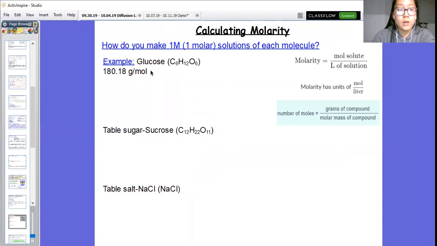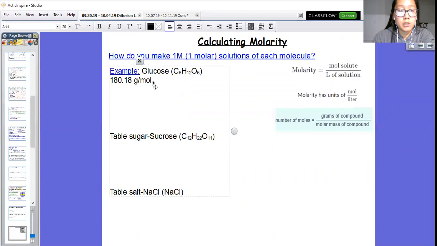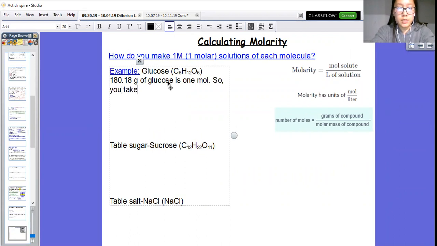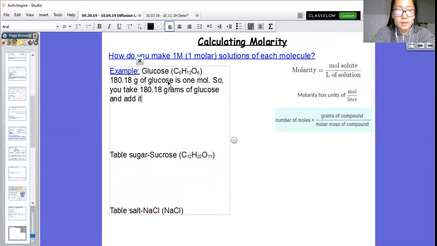So 180.18 grams of glucose is 1 mole. So you take 180.18 grams of glucose and add it to 1 liter of water.